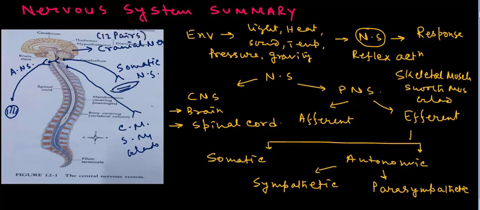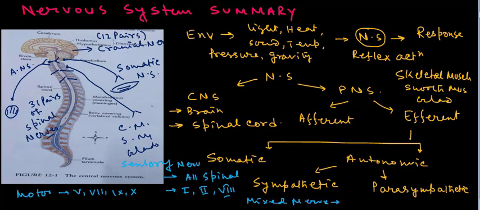The organisms which have a neck have 12 pairs of cranial nerves. And from the spinal cord the spinal nerves originate, and in humans there are 31 pairs of spinal nerves.